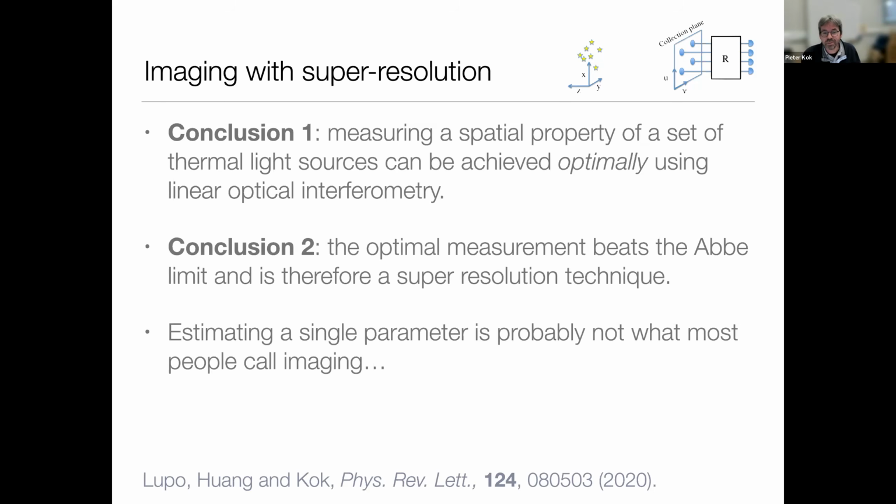Now, doing a single parameter is still only the first step, because maybe that's not what you call imaging, but nonetheless, it is an important first step. The problem that you have with multiple parameters is that for each parameter you may need a different R, and maybe you can use only one unitary R at a time.